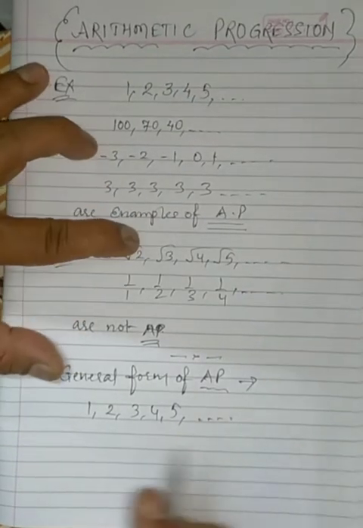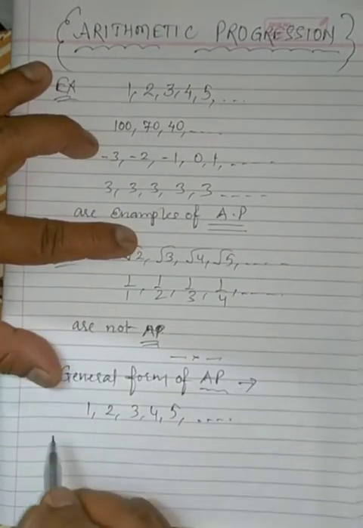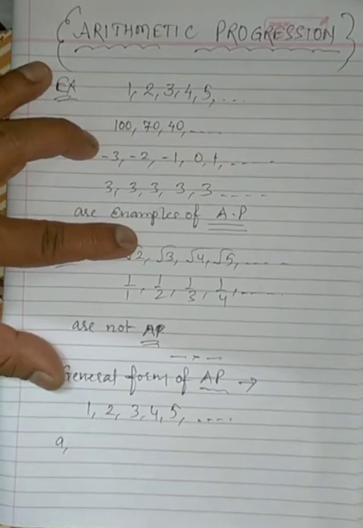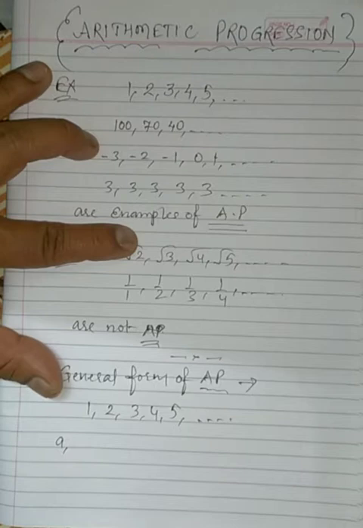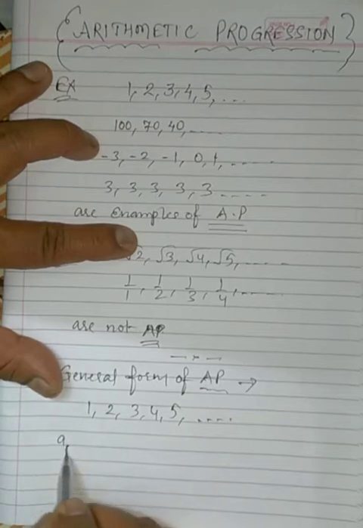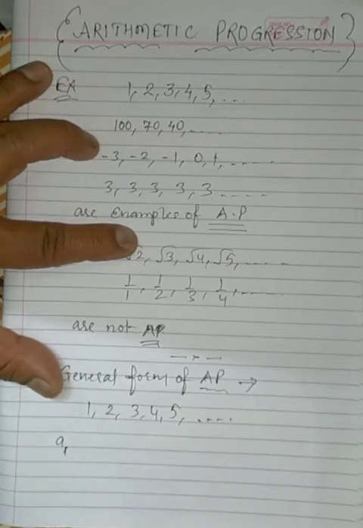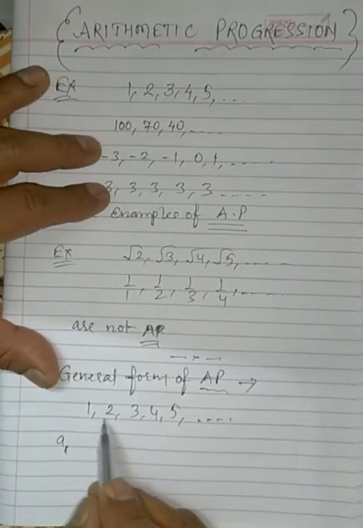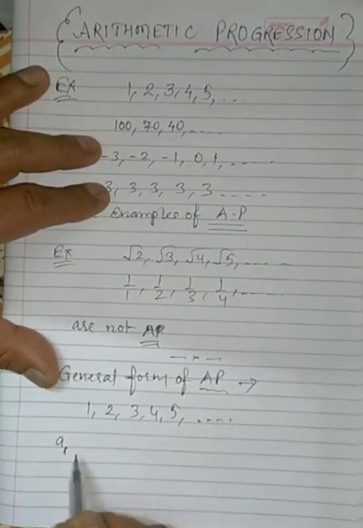So here, to define the general form, we will use the letter A. Okay? So A is the letter which is used to represent the terms in the AP. Each number is called a term.